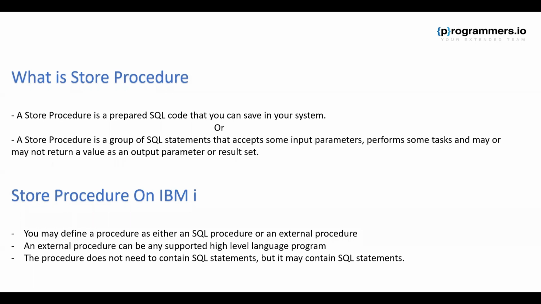So it can be a C program, a Java program, as well as an RPGLE program. The procedure does not need to contain a SQL statement, but it may contain SQL statements also. As I told you, we can call a third-party program also, an RPGLE program also. So it's not mandatory in the stored procedure that you use only SQL statements. Okay.